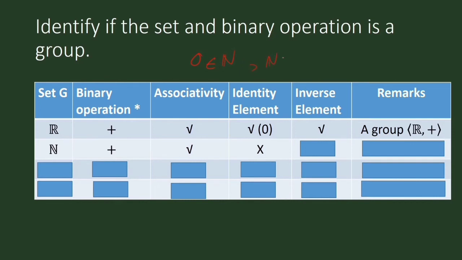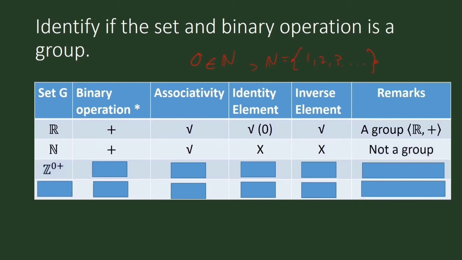The set of natural numbers begins with 1, 2, 3, and so on. So the set of natural numbers is the same as the set of the positive integers, and it does not have 0 as an element, and so this set of natural numbers under the operation of addition is not a group.